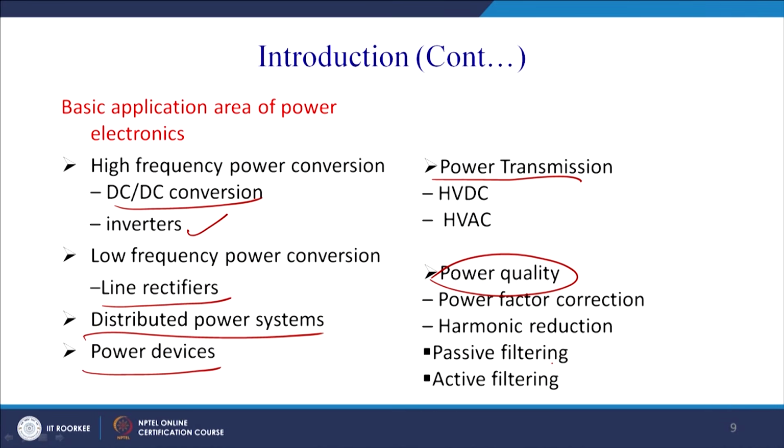Even though the cause of the power quality problem is power electronics, the solution to it is also power electronics: definitely power factor correction and harmonic reduction, which can be done by active and passive filtering. Passive filtering is done by a combination of LC filters, and there are a lot of disadvantages to it.